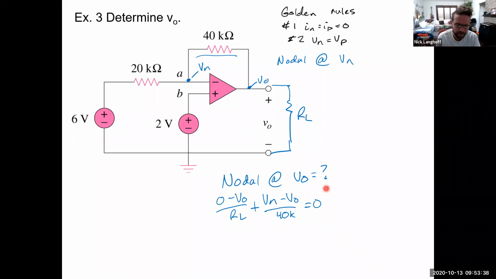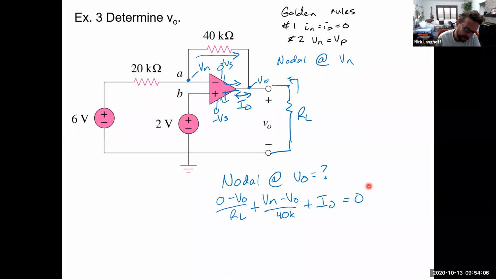Well, not quite, because that accounts for the current coming up through RL and the current through this 40K, but what about the current through the output? Remember the op amp has supply pins, plus VS and minus VS, and it can source current out of that output pin, or it can sink current into it. So you actually have an I out here, plus I out. Now all that is equal to 0.